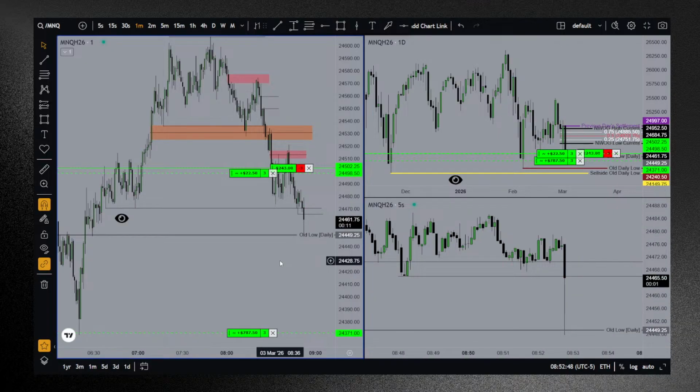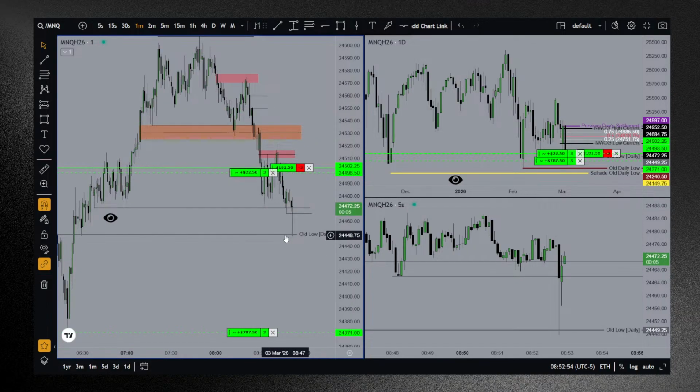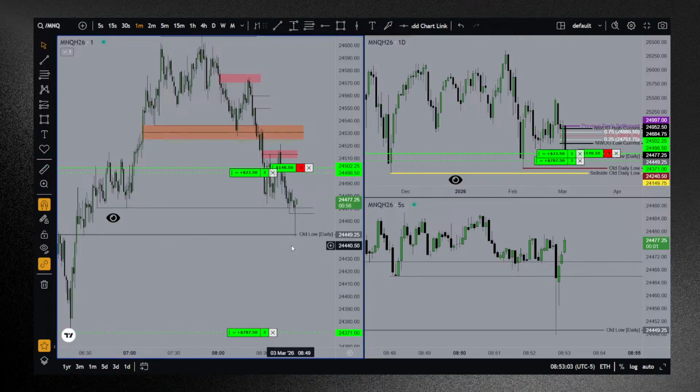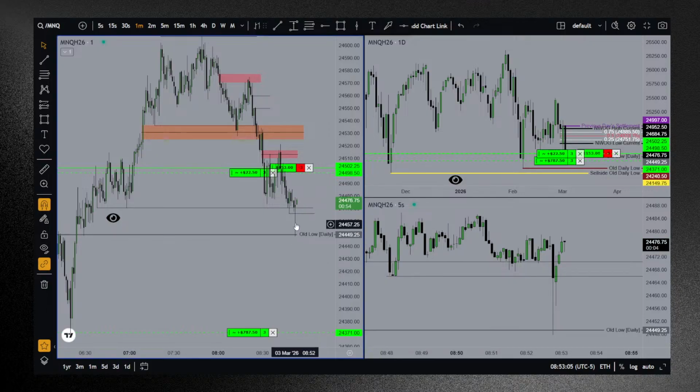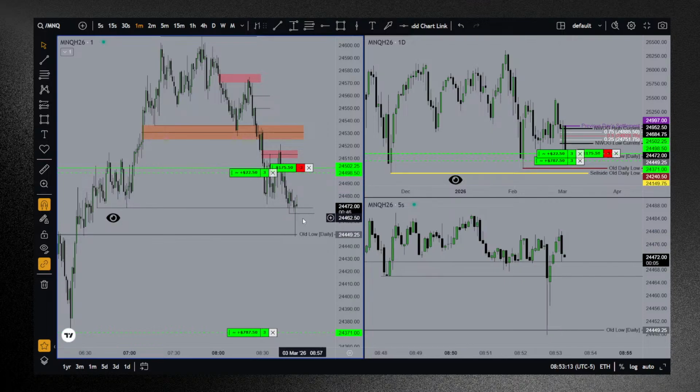There we go, we got a nice displacement through this. I wasn't quite fast enough to take another partial here, but regardless, okay. It already came back all the way up, which by my liking may want to go after me here, but let's see.